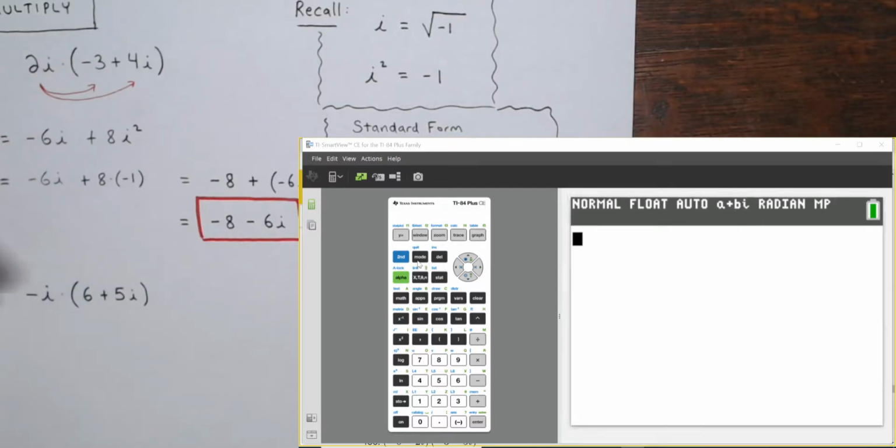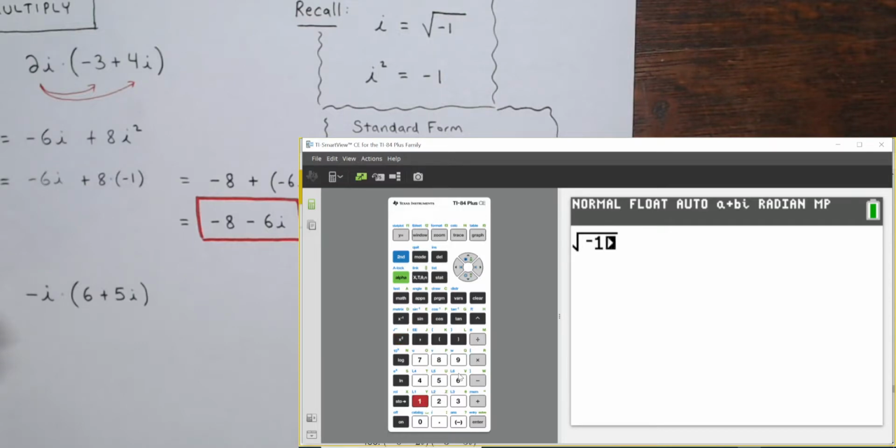You hit the mode button to go and change this. Most people start off in real mode, but if you change to this a plus bi mode, then imaginary numbers and all the complex numbers can be displayed on the calculator. For example, let me show you the square root of negative 1.